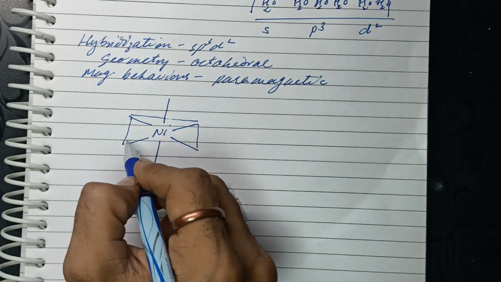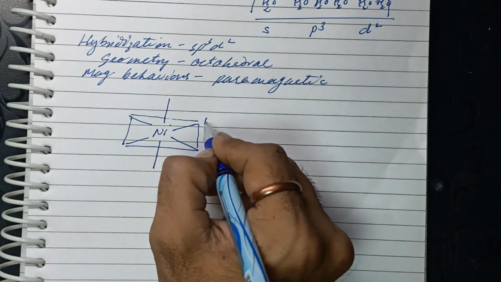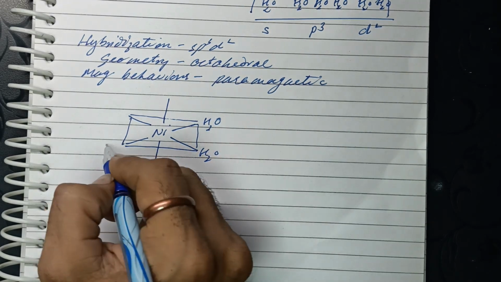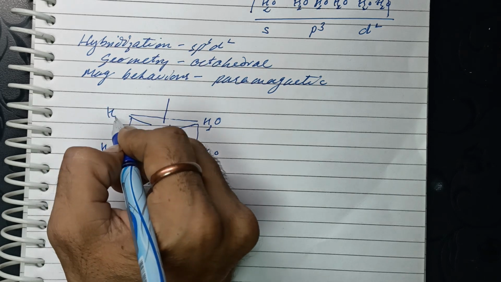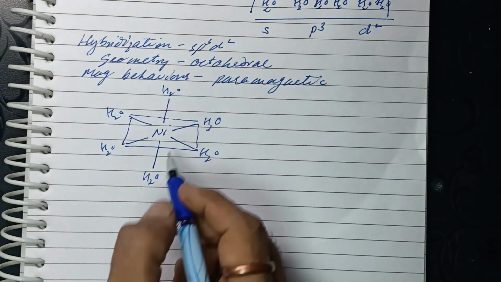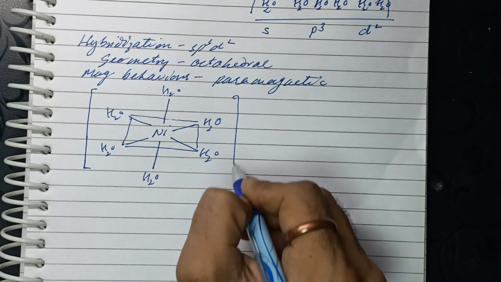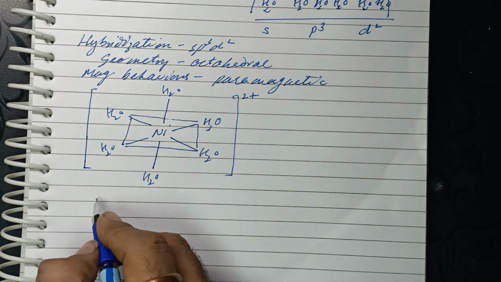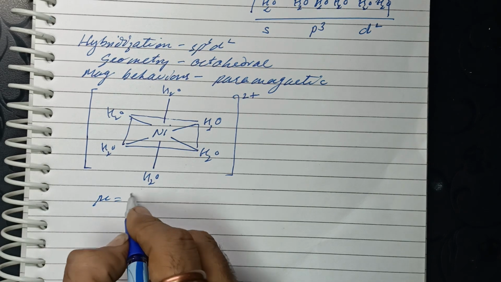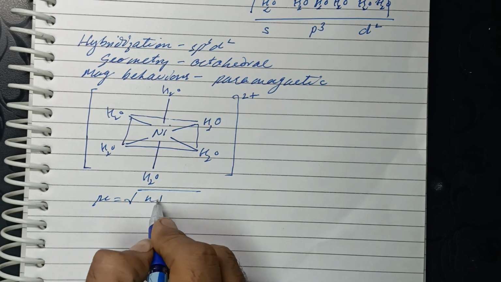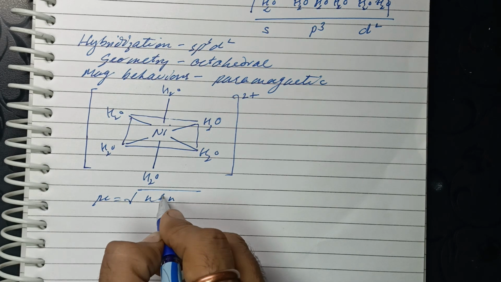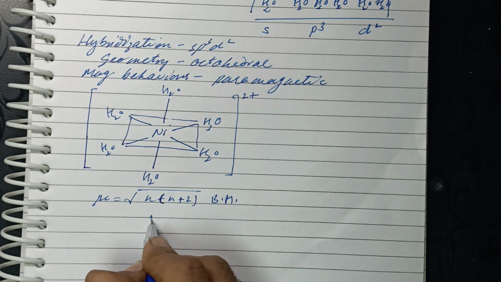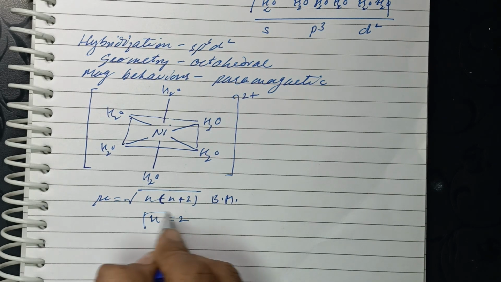Octahedral means it has 8 faces. Magnetic moment, mu is equal to square root of n(n+2) Bohr magneton, and the value of n is 2 again.